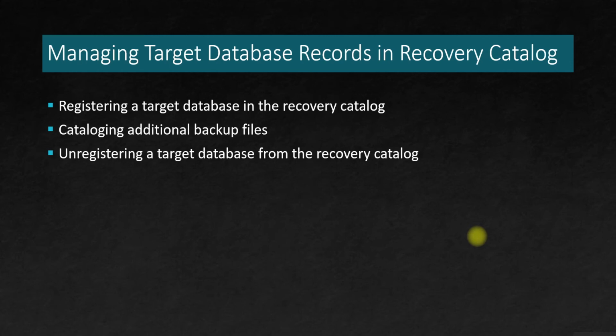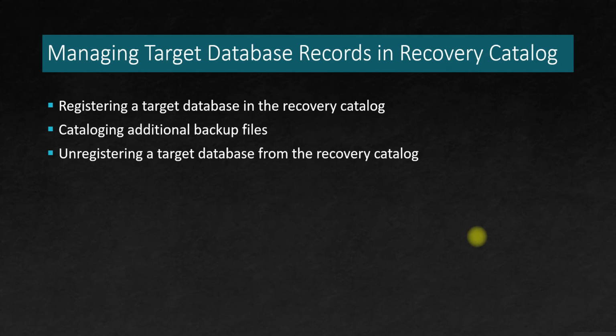So how do you manage the target database records in the recovery catalog? Now you want to register the target database. You have multiple target databases, how do you register them? That will be the first question. Now there are chances where you have a backup file sitting somewhere in an OS directory. You want to catalog those backup files into the recovery catalog repository.